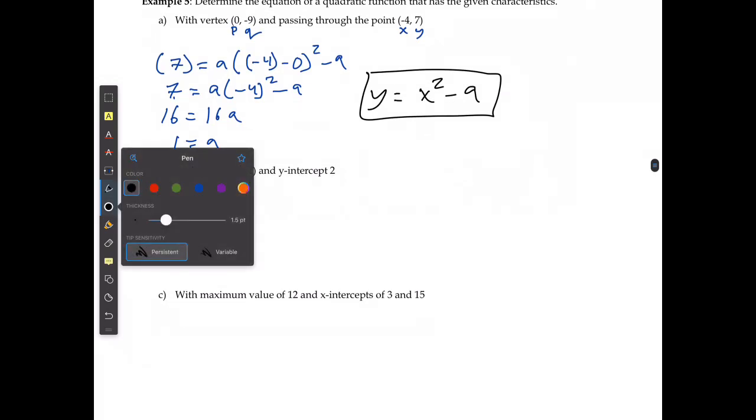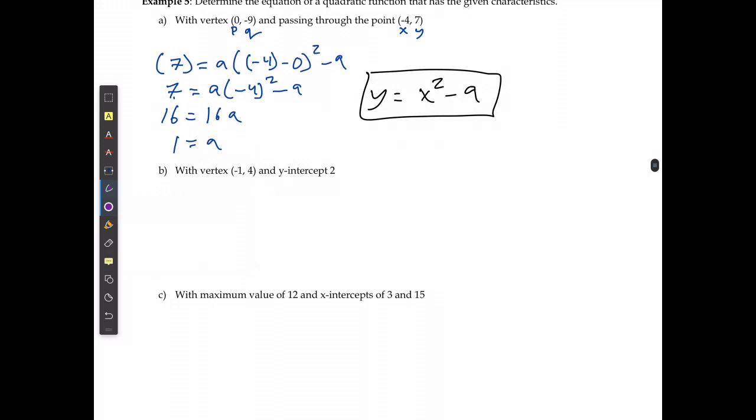For the second example, I have a vertex, there's my p, there's my q. I have a y-intercept of 2, and we know that y-intercept is always when x equals 0, which means that I actually have a point or a coordinate of (0, 2) that the graph is going to run through, and that's my x and y.